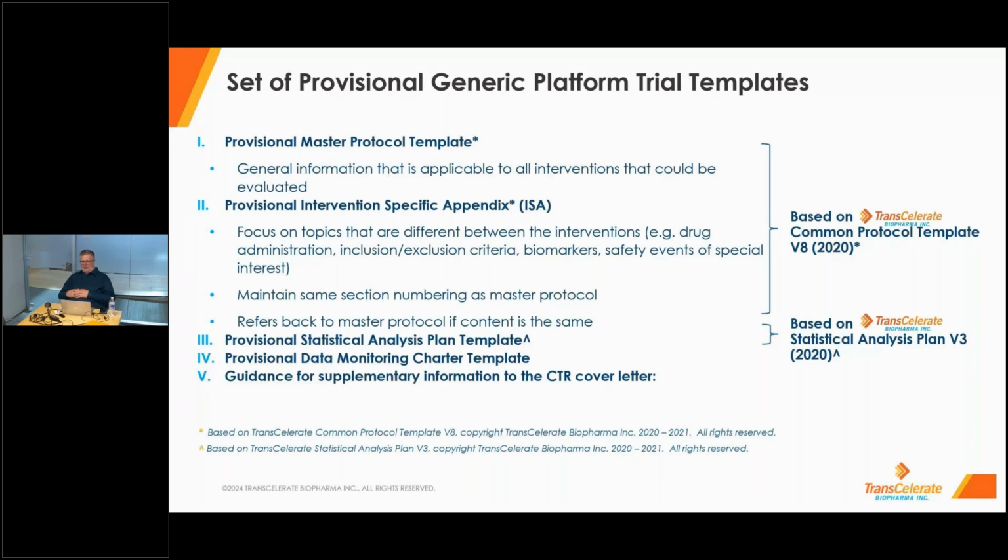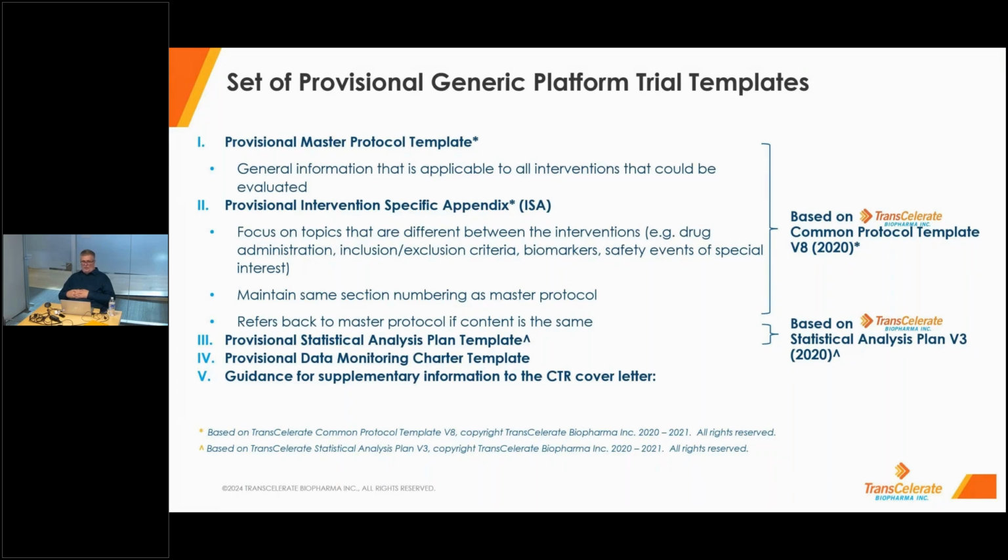With the whole goal of a master protocol template when studying multiple interventions is that we have commonality across all of the interventions being studied, so that we have sharing and we're not having to reinvent the wheel with every new intervention. However, it's possible that not everything is 100% the same. This is why we have a provisional intervention specific appendix, which focuses on topics that may be different between interventions.